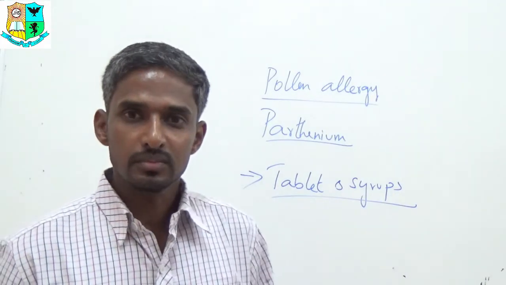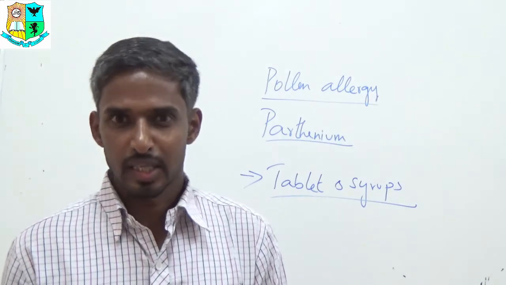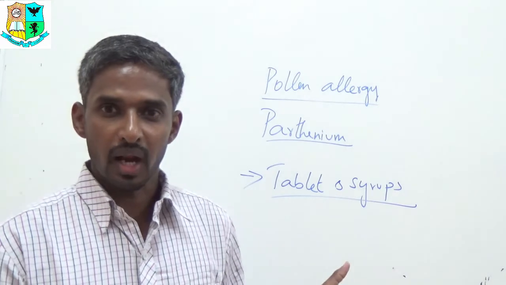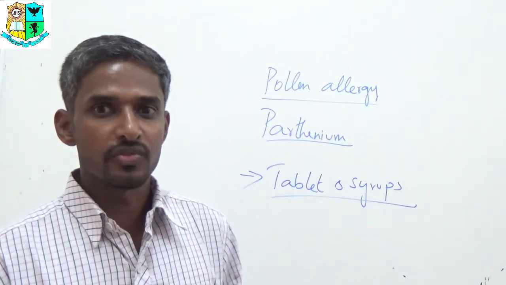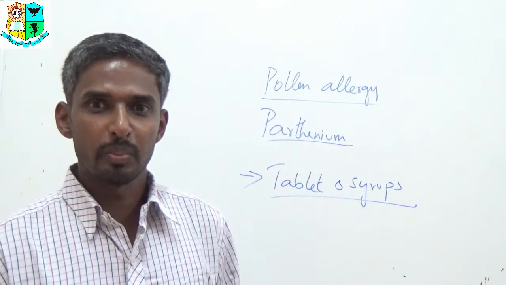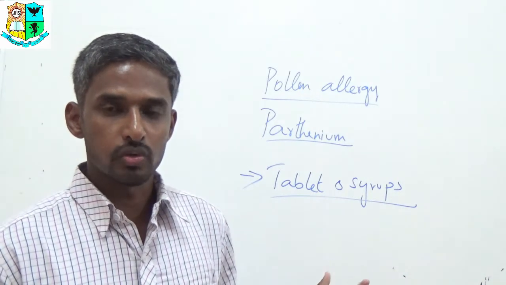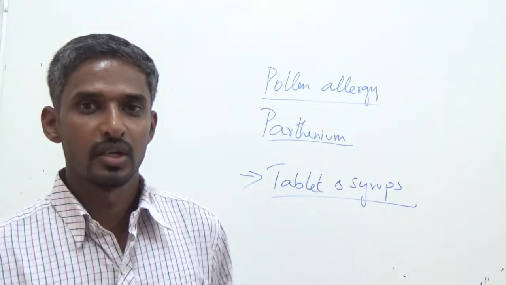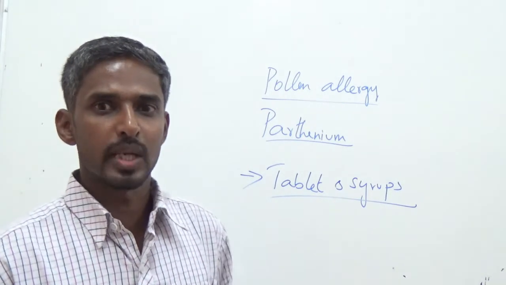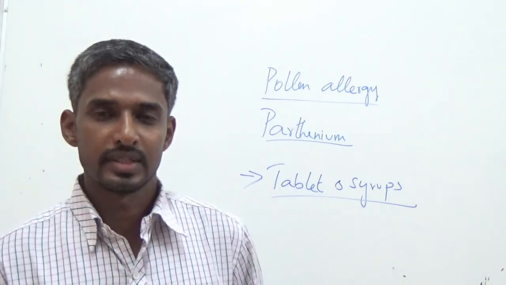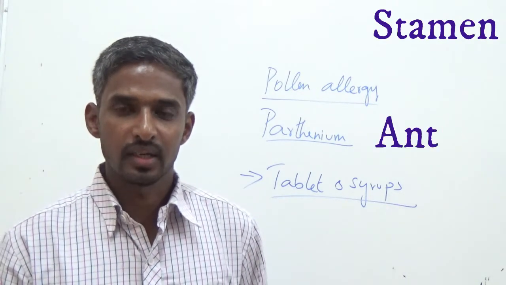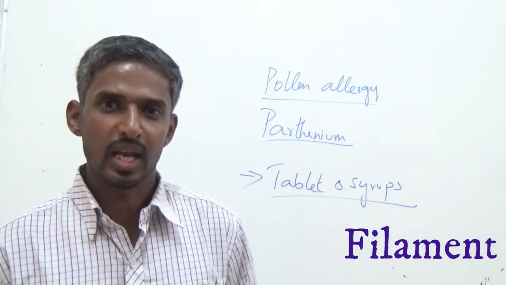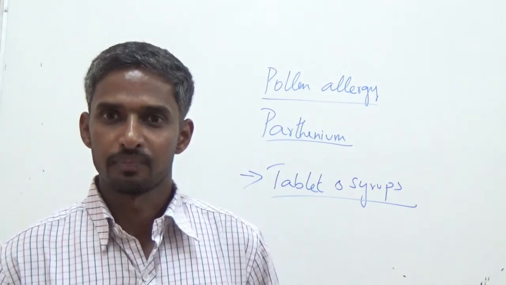And therefore there are side effects, that means bad effects, and also there are good uses of pollen grain. For plants, of course, it is a means of sexual reproduction. But for human beings, along with that, these syrups also can be used as food supplements. And thus we have gone through all the steps and we have studied what is the stamen, which contains anther and filament, and the filament is attached to thalamus or to petal, so it differs.